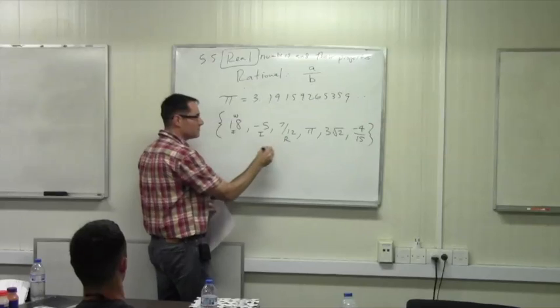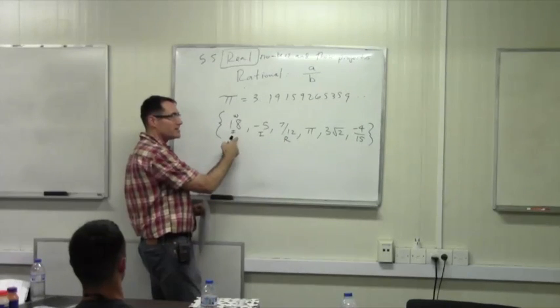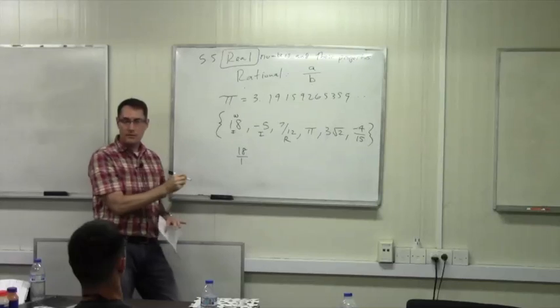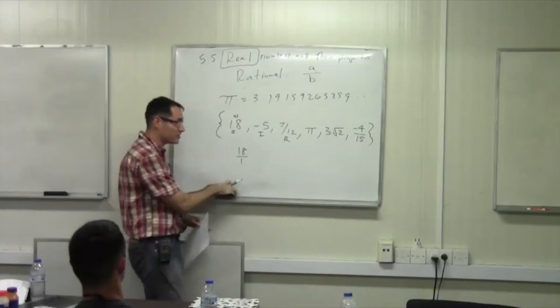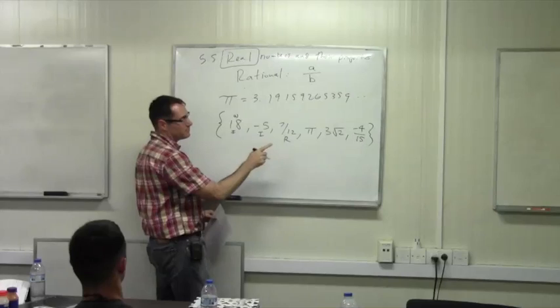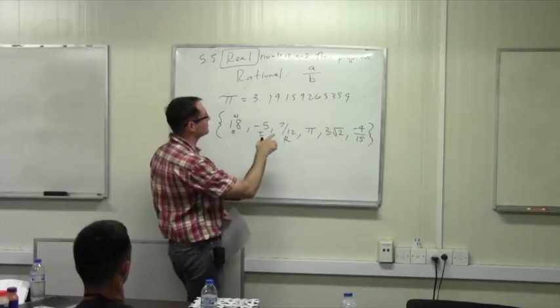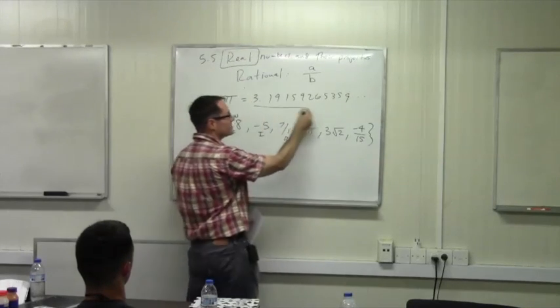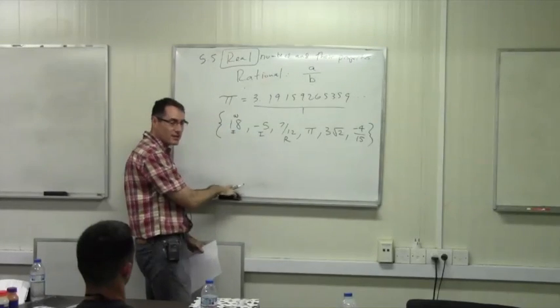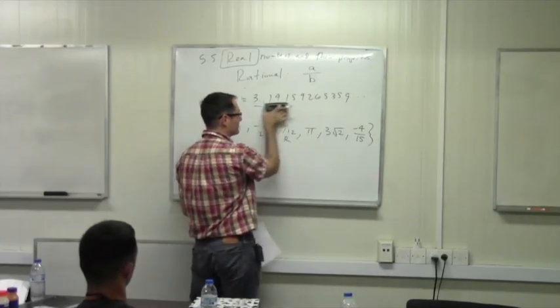Rational numbers. Which ones are rational? 7/12 is rational. Is 18 rational? Can we write it as 18 divided by 1? Then it's rational. If you can turn it into a fraction like that, it's rational. Pi doesn't count. You can't say 3.1 divided by 1 and say it's rational, because the top part's still irrational. That one doesn't work that way.